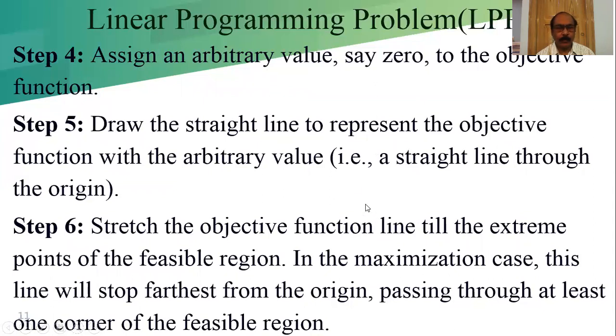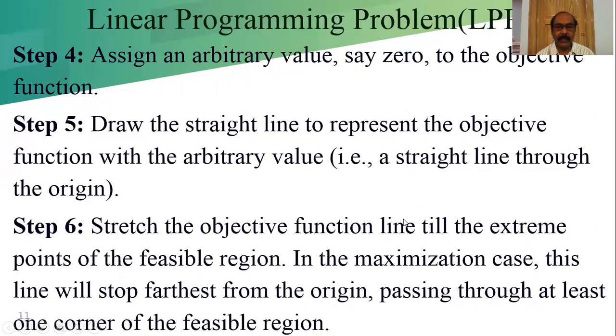Then we move that objective function line away from the origin, toward the feasible region. If it is a minimization problem, that line first touches the corner points, and those points give us the minimum value of the objective function.